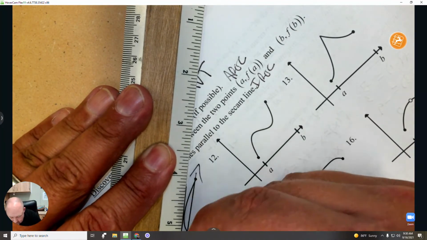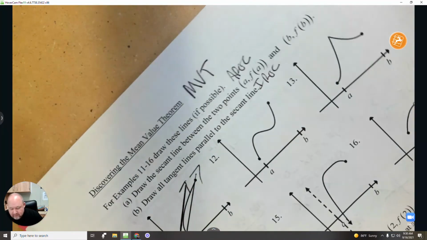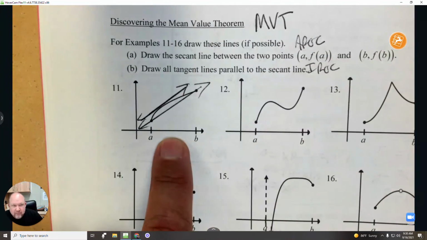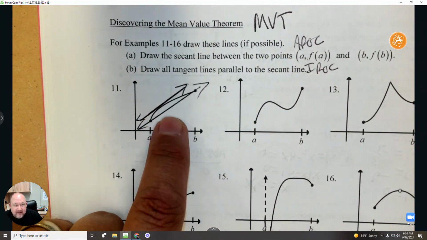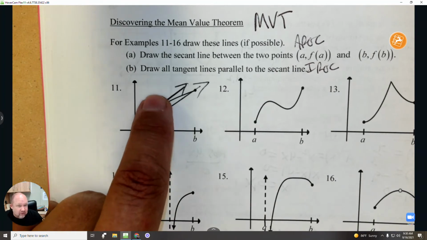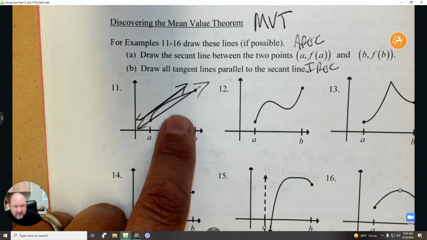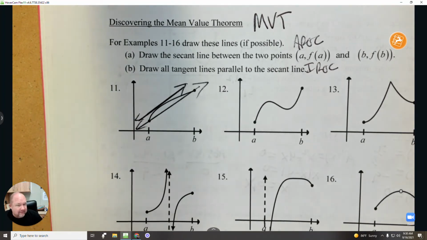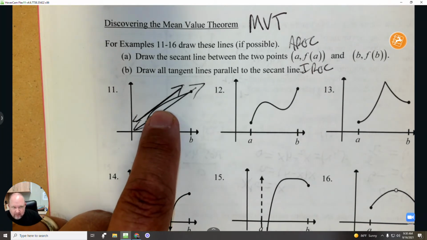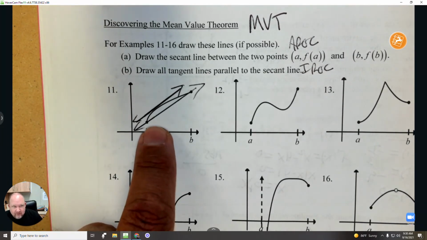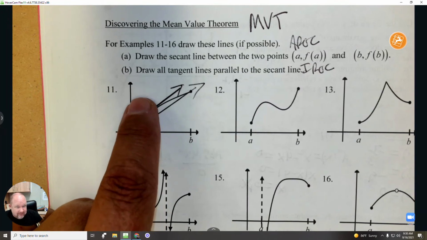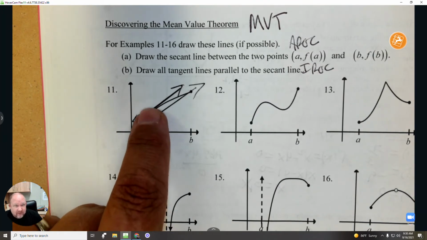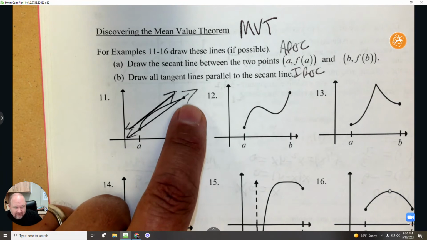So if I draw a line that's parallel, so derivative means slope. So here's a tangent line compared to a secant line. The slopes are equivalent. Now that could occur at more than 1 point, but it has to occur at least at 1 point, where the average rate of change is equal to the instantaneous rate of change if it's continuous and if it's differentiable.